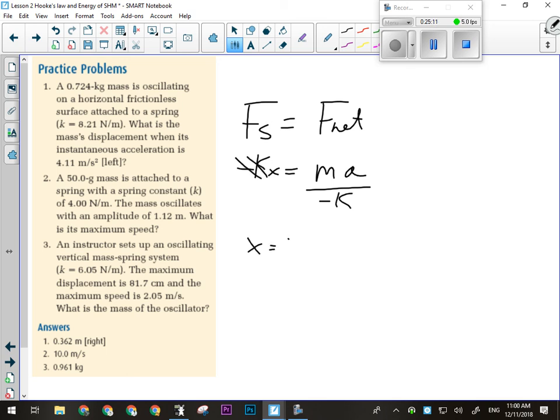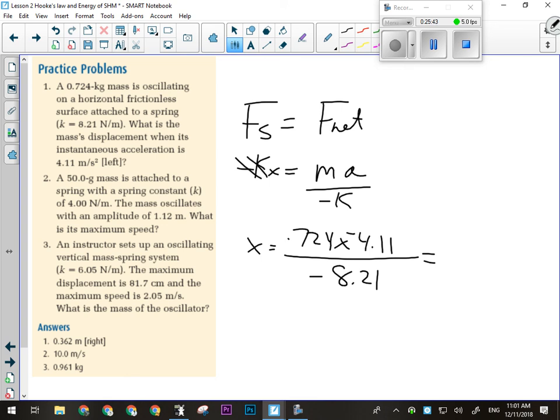So that's going to be 0.724 times the acceleration, which is left, so times 4.11, and I'm going to make left negative, and then on the bottom I've got negative k, so divided by negative 8.21.